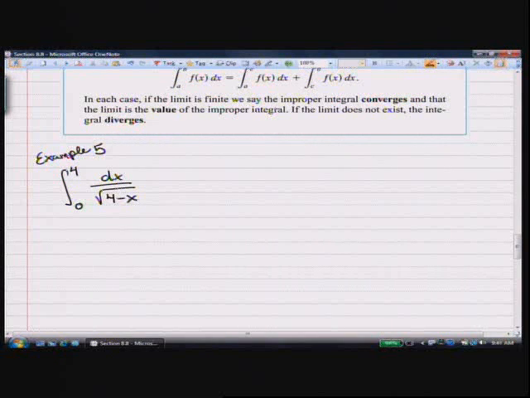And actually, it can't be any bigger than 4, because if you put 5 in there, that would make it negative. Okay, so what you want to do is look at the limit as some value approaches 4. So we could say the limit as b approaches 4 from the left. We're going to come up to 4 from the left because that's where it's defined.